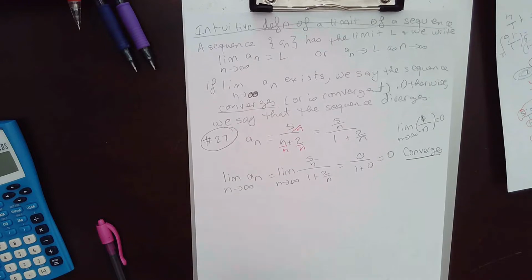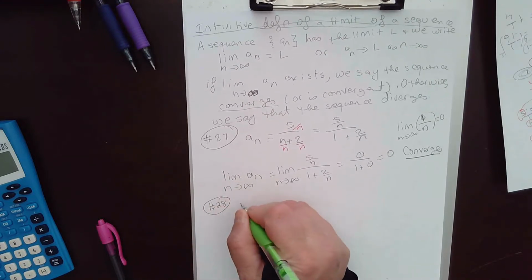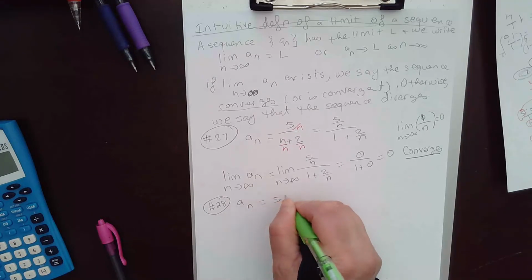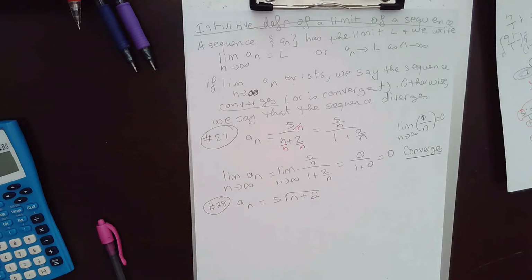Let's go ahead and do number 28. So a_n is 5 square root of n plus 2. Let's see if this sequence converges or diverges. If n approaches infinity, what do you have?